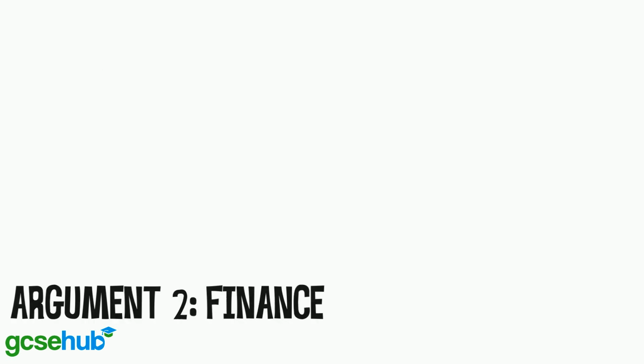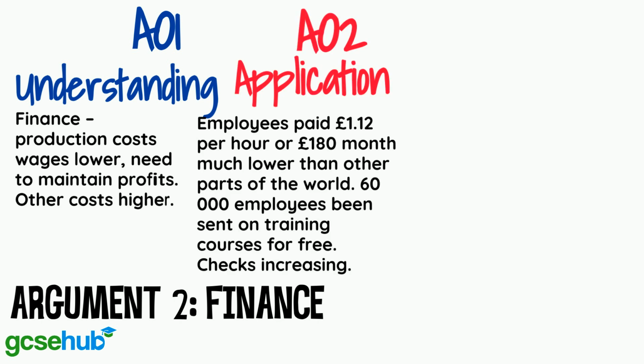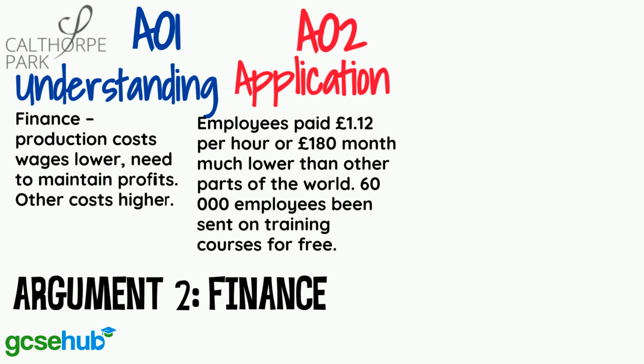But on the other hand, let's look at the finance. So it's all about profit, isn't it? Profit and loss. So here you'd say production costs in China are lower because wages are lower and there's a need to maintain profits. Applying that, you look at the information in the case study and talk about how much they're being paid, that there's free training.